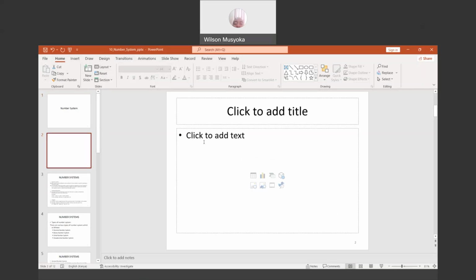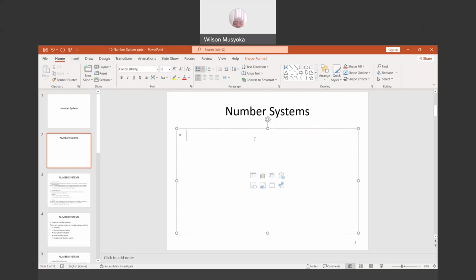So when you talk of a number system, what exactly does it mean? By definition, the number system or the numeral system is a system of naming or representing numbers.